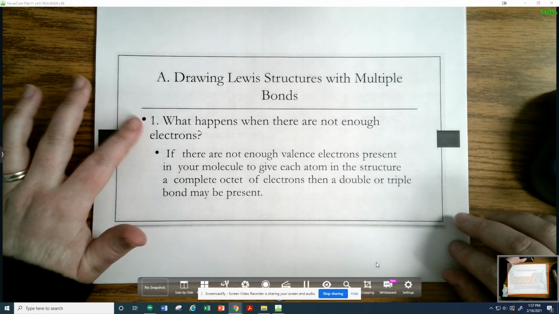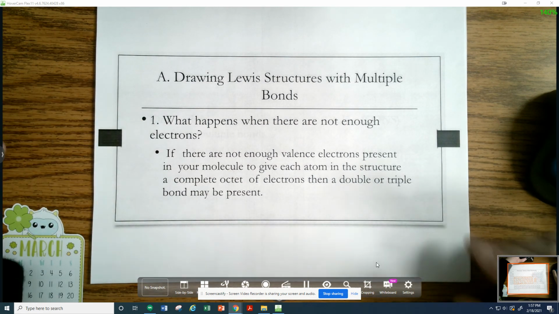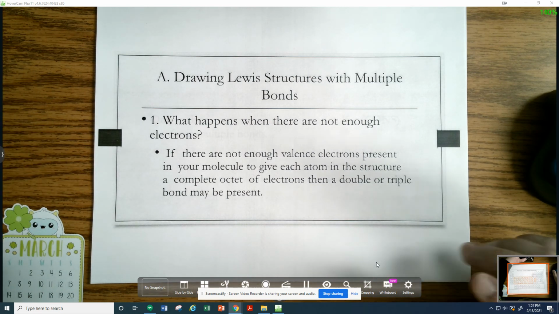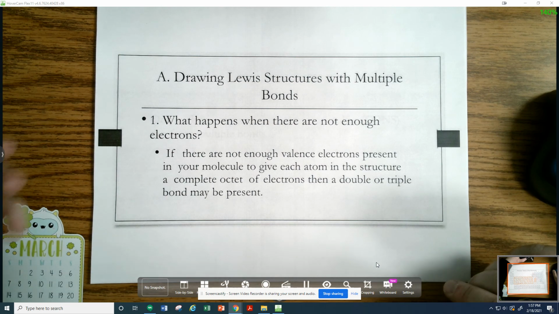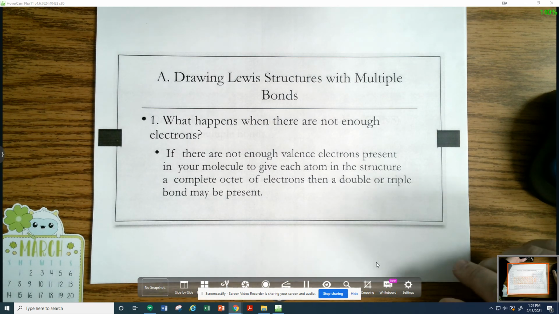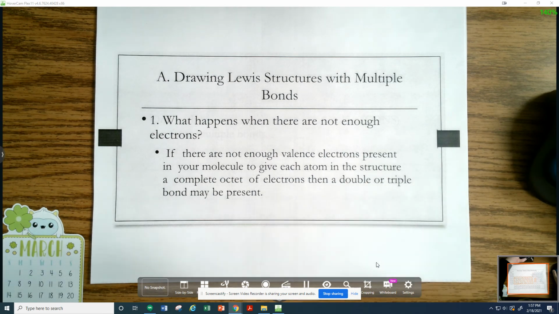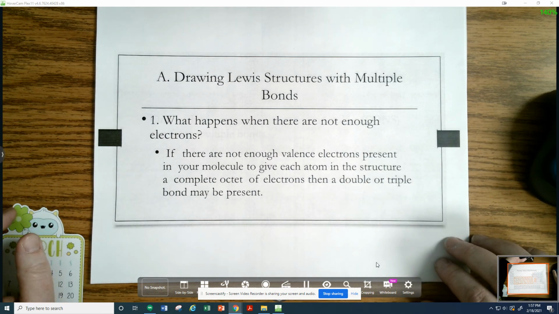So there are instances where you do not have enough electrons to complete the octet. Everything that we did in our first lesson, 7.2, you had enough electrons to complete the octet of your central atom or atoms, and then you were also able to complete the octets of any outlying elements that were not hydrogen, because if you remember, hydrogen doesn't need an octet, but you were able to make everybody happy and get them enough valence electrons.